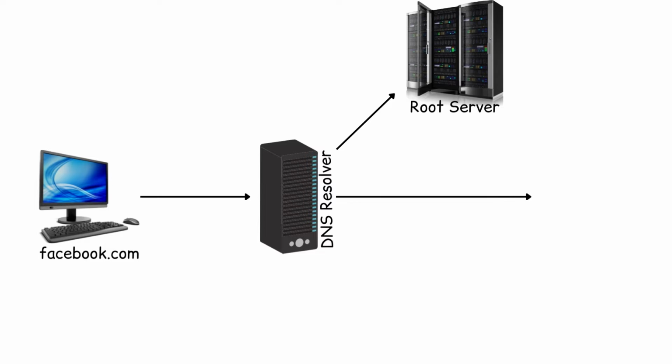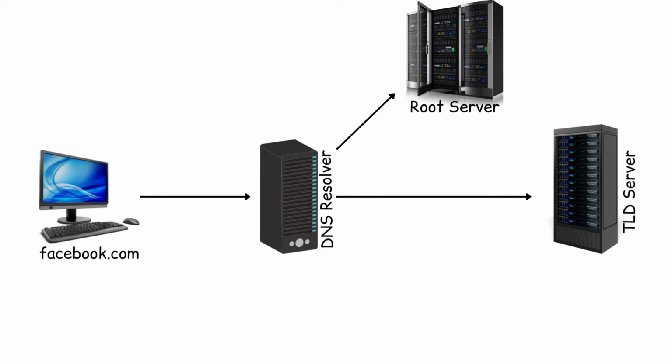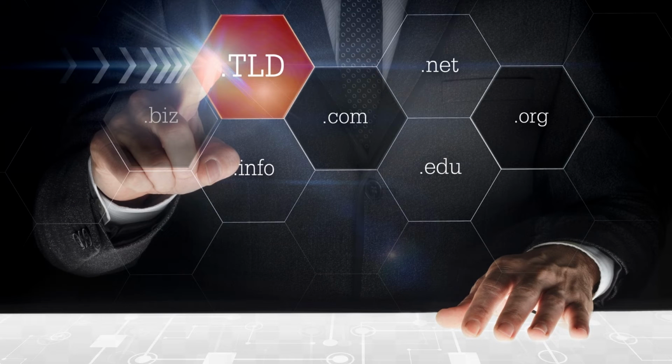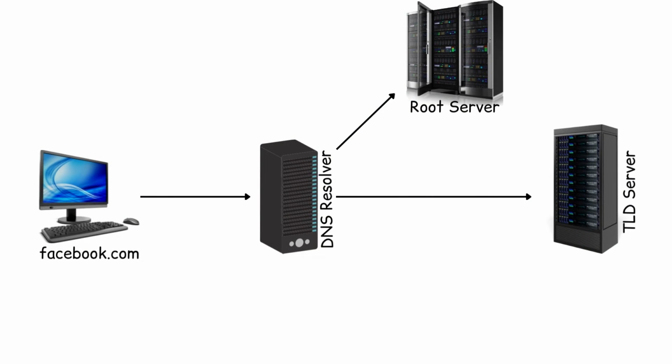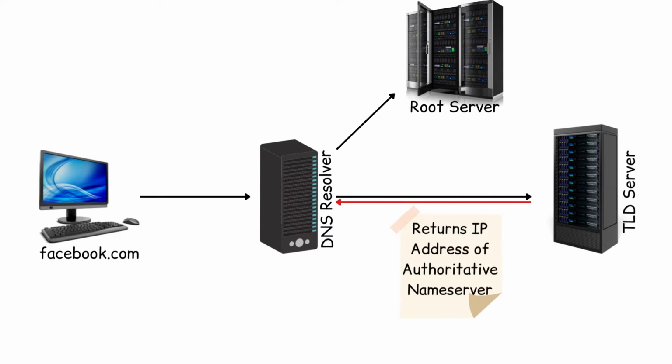The DNS Resolver will then query the TLD server for the IP address. The TLD server has the IP address information for top-level domains such as .com, .org, .net and so on. Since the .com TLD server received the query for the IP address of facebook.com, it sends the IP address of the authoritative name server as the final step.